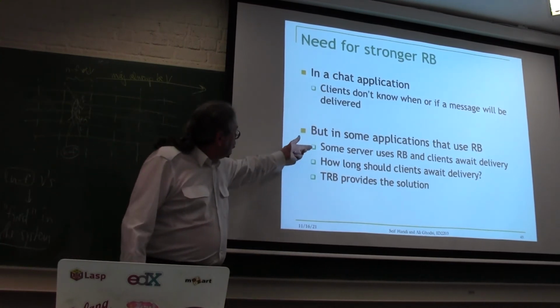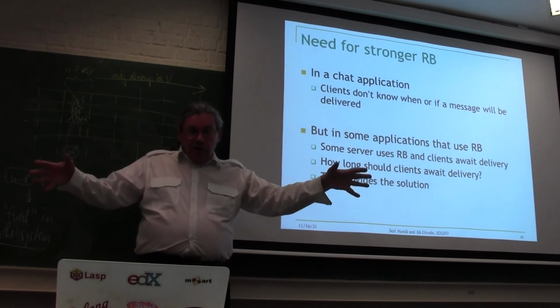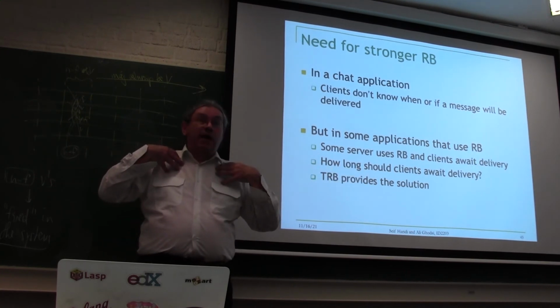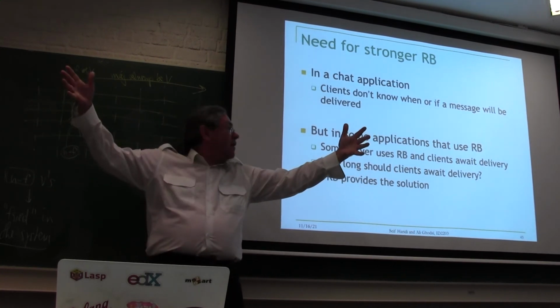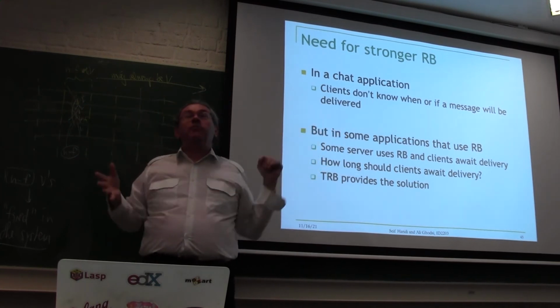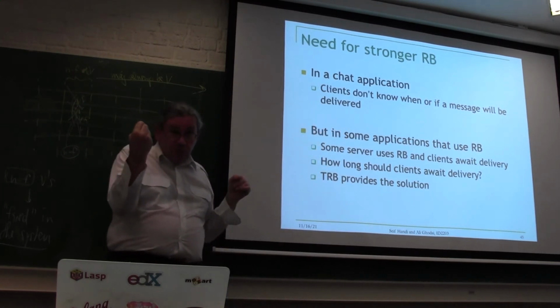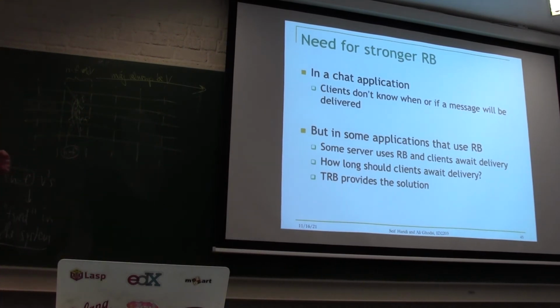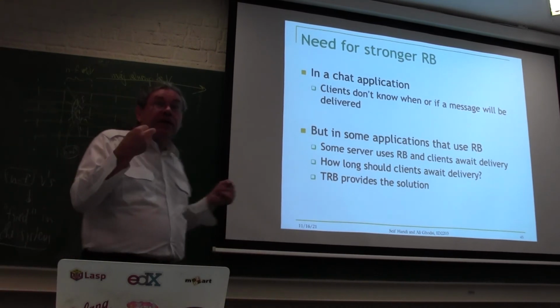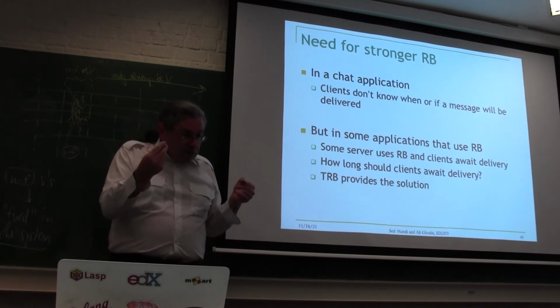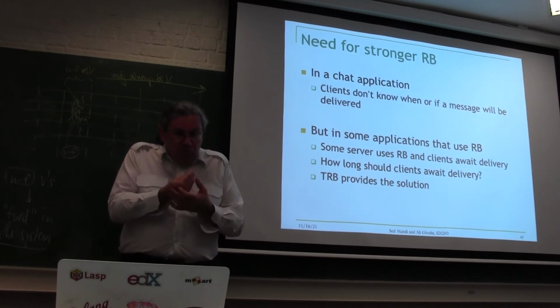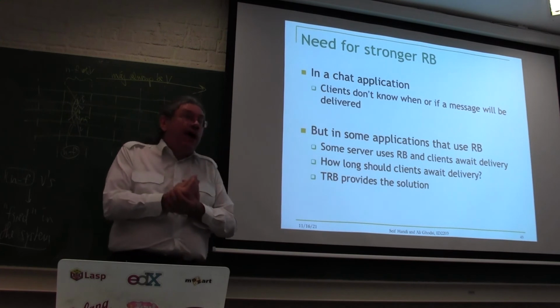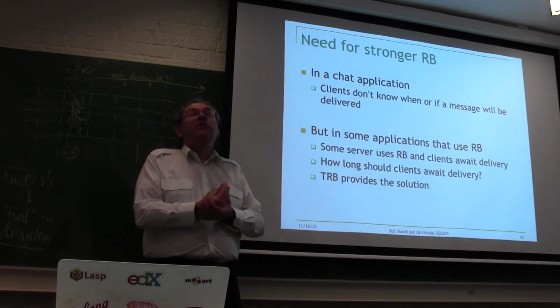In the regular reliable broadcast, from the God's eye view, when you see the time-space diagram, you can see when the algorithm is done. But the individual nodes don't know when it's done. That's a profound thing. How do you make the individual nodes know that the algorithm is done?